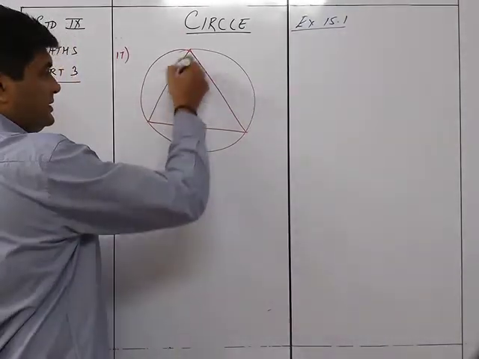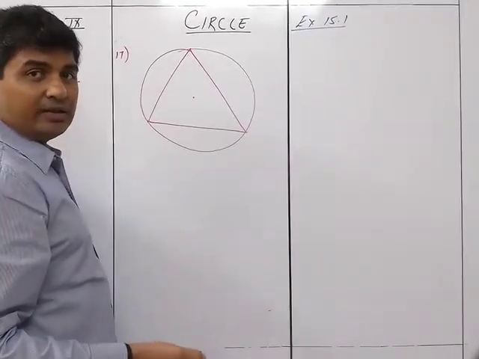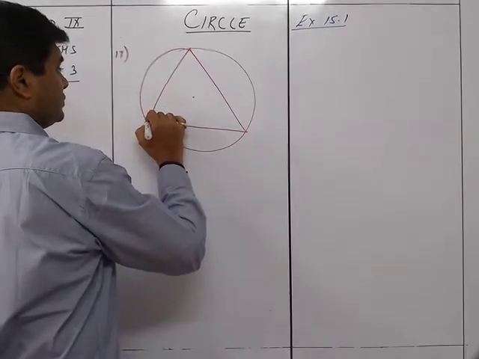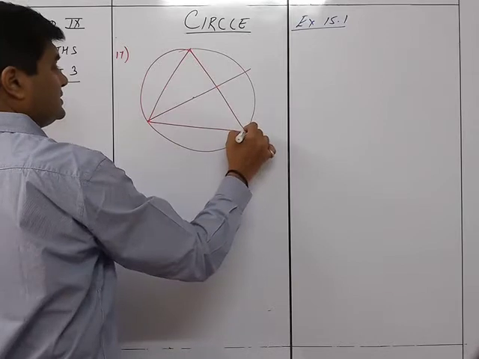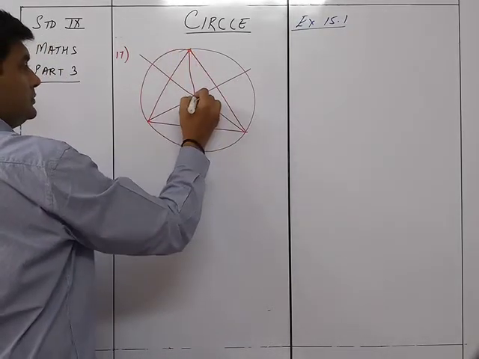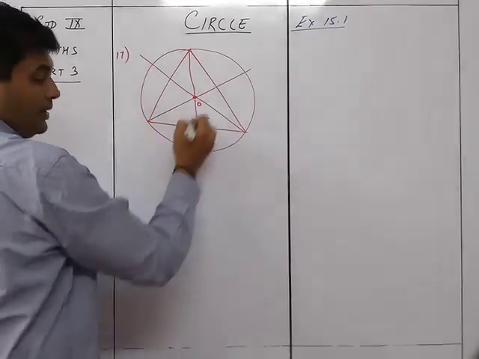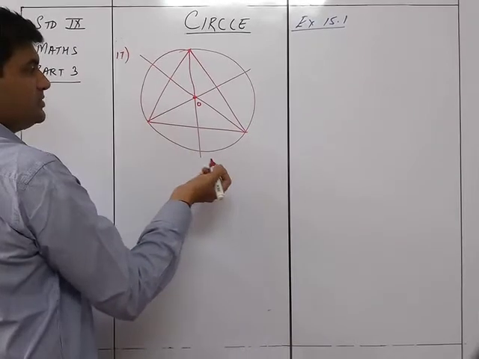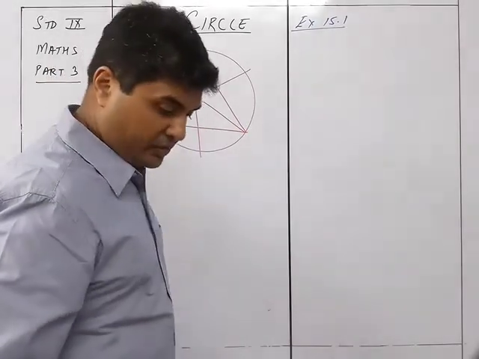Centroid is the point where the medians meet. So this is one part, this is second, and this is the third. This is the centroid. And the circumcenter. So O is also the circumcenter and O is also the centroid.